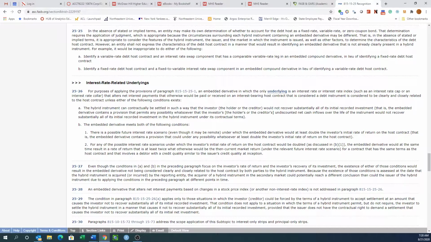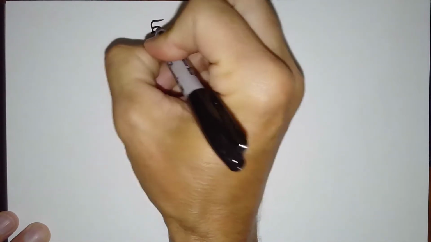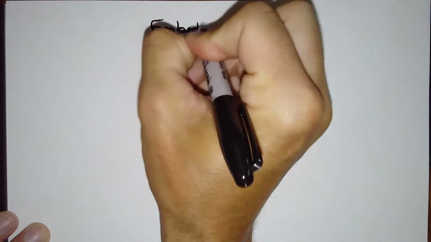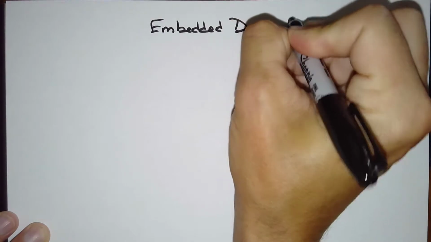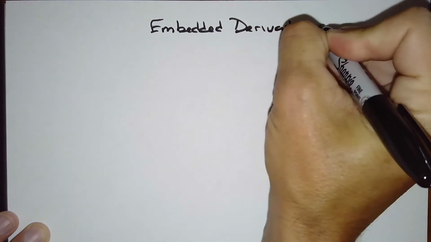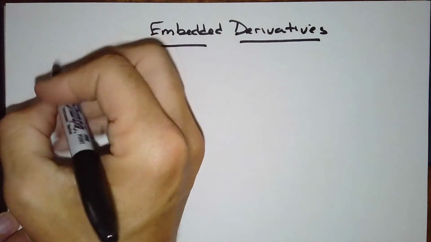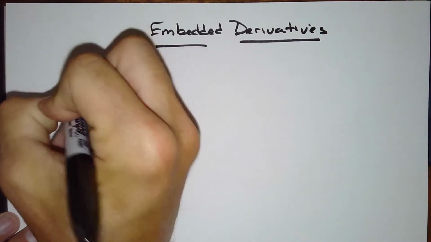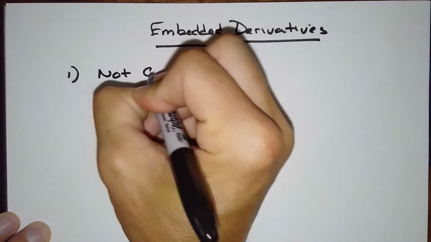All right? So let's write down some notes here. So we're talking about embedded derivatives. And we've got our three criteria, right? One, not clearly and closely related.